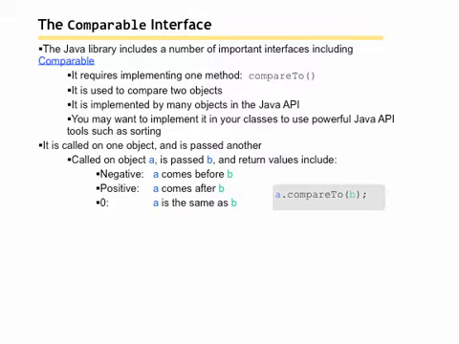If the calling object is greater than the parameter object, it returns a positive number, and if they are the same, it returns 0. When you override compareTo, you should follow that model. It's very important to follow that model and not go rogue on your own path, because other programmers, when they see that you have implemented the compareTo method, they will expect it to work in this way.